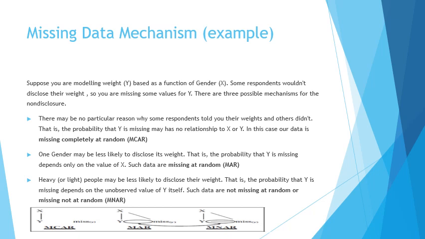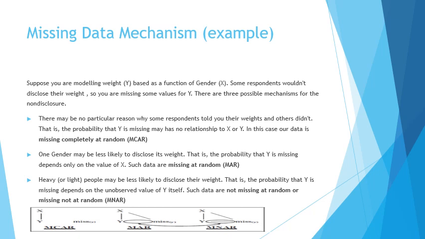In the second scenario, one particular gender group may be less likely to disclose their weight, for example females. In that case, you will consider this as missing at random. In the third scenario, a particular weight group, like heavy or light people, may be less likely to disclose their weight. In that case, you will consider that as missing not at random.